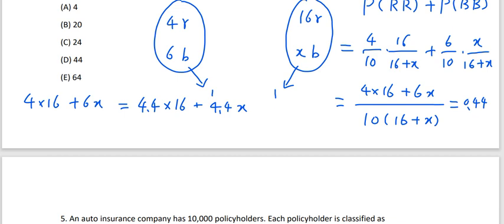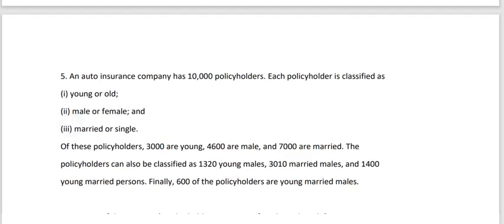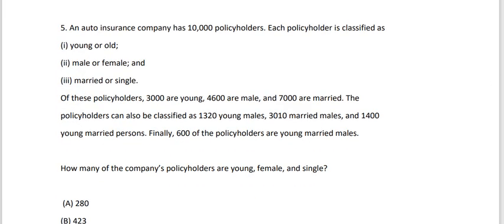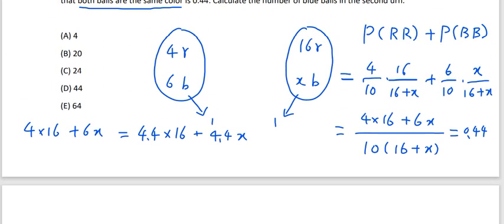So we get 1.6x equals, we can take 16 to the other side, so 16 times 4.4 minus 4. Okay, so we cancel 1.6, we get x equals 4.